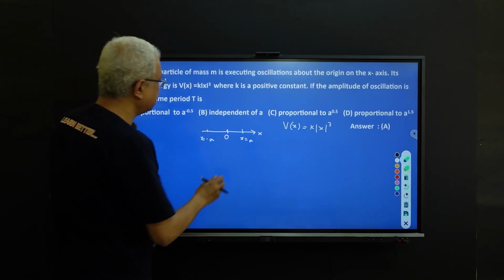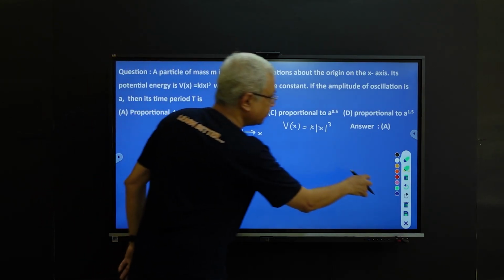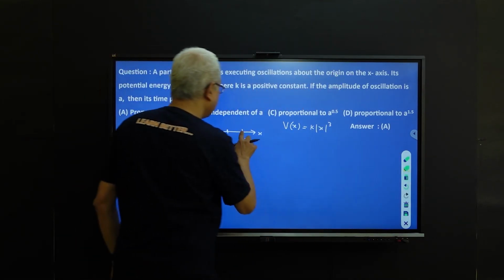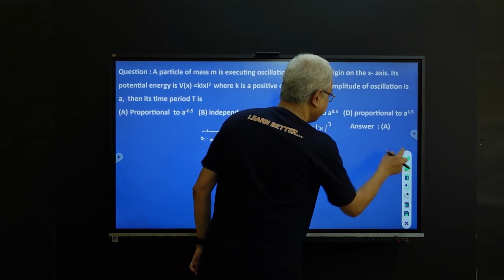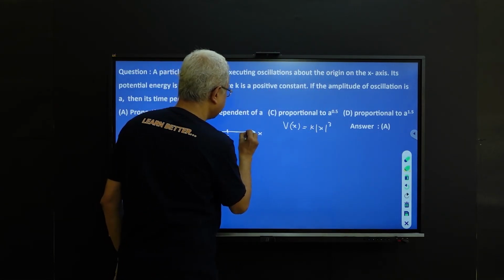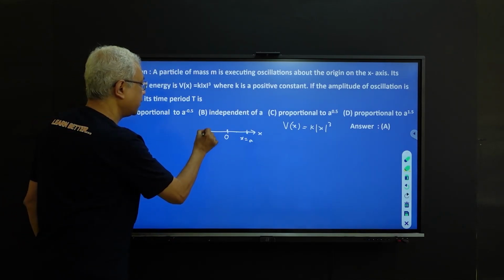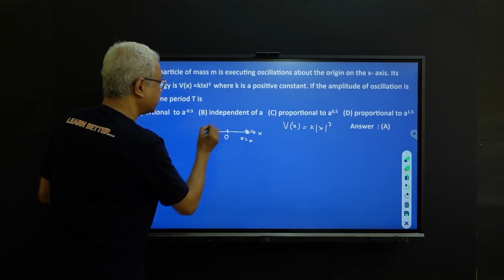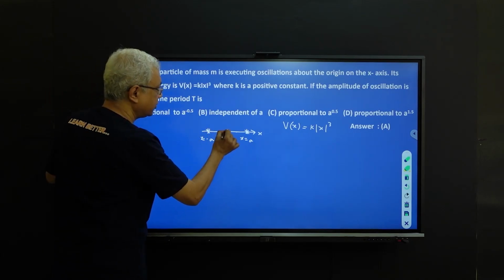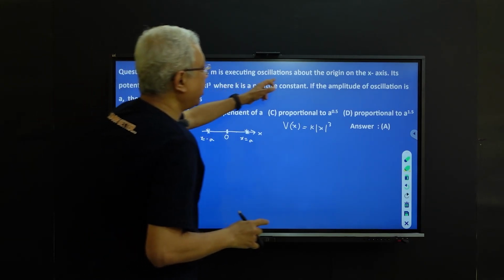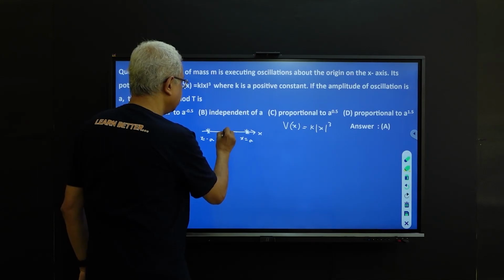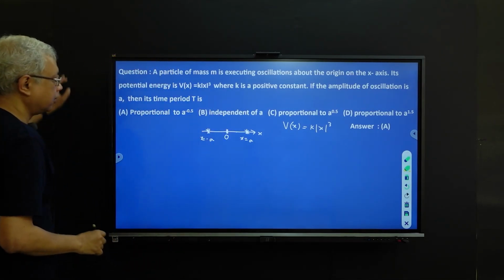That means the particle is oscillating between these two boundaries, x equal to A and x equal to negative A. These are the two extreme points, and this is the center of oscillation, the midpoint. Alright.